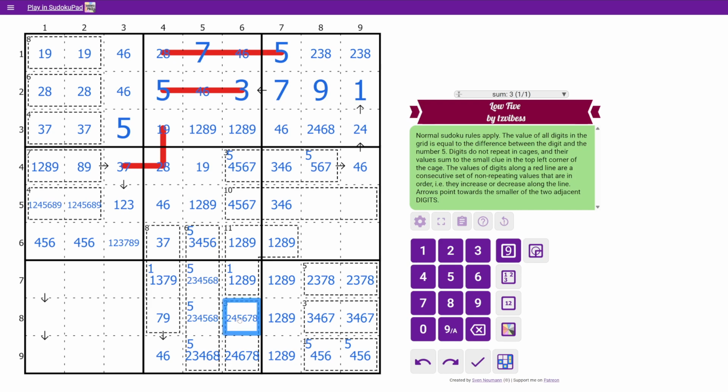Wait, if this was a 1 with a 2... A 1 with a 2... One of these would have to be the 3. This would have to be the other.